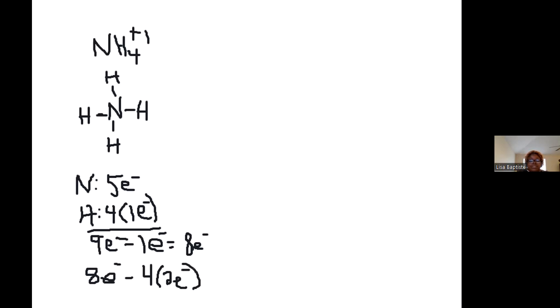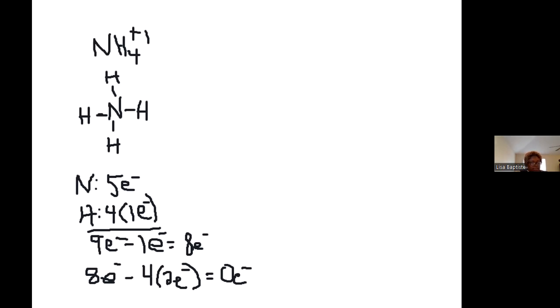So 4 times 2 gives us 8. 8 minus 8, we have 0 electrons left. But wait a minute. If we look at our structure, we don't have any electrons to put around the hydrogen. This is one of the exceptions to the octet rule. Hydrogen obeys what is known as the duet rule.